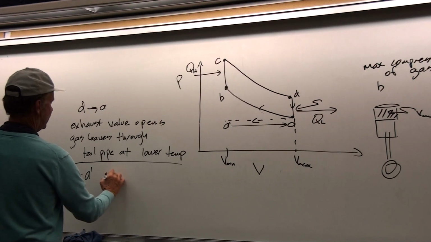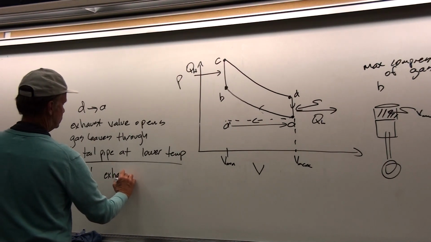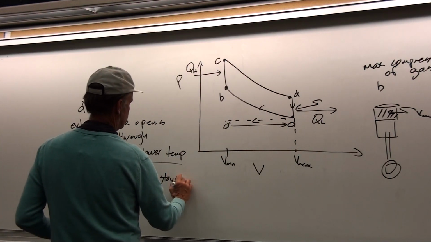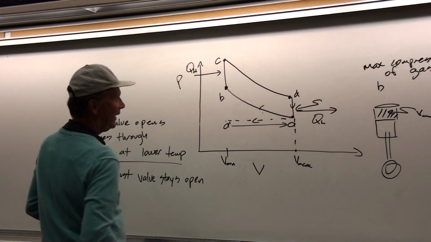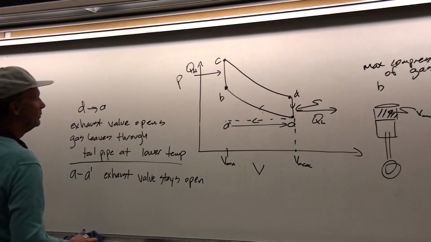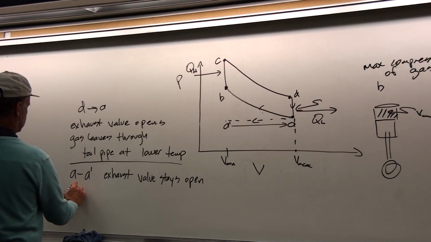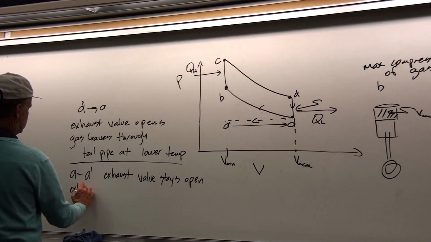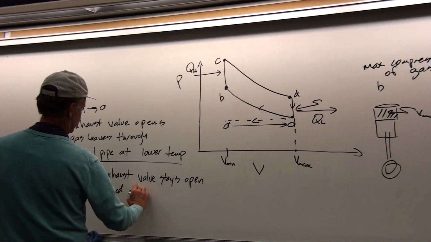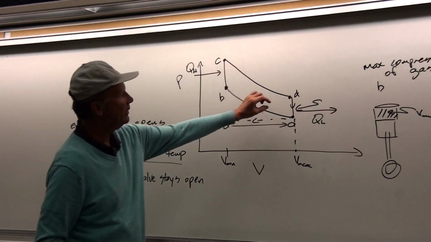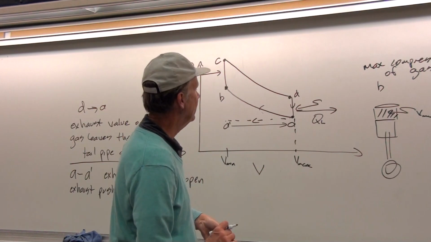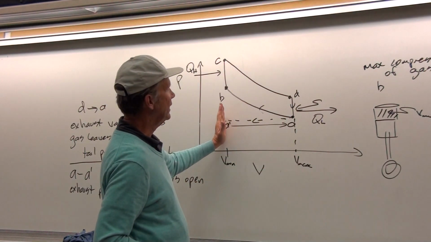The exhaust valve stays open, and the gas volume goes to the minimum value. This ensures that we've got all the exhaust out, or at least as much as we can get out, as it goes from A to A prime.